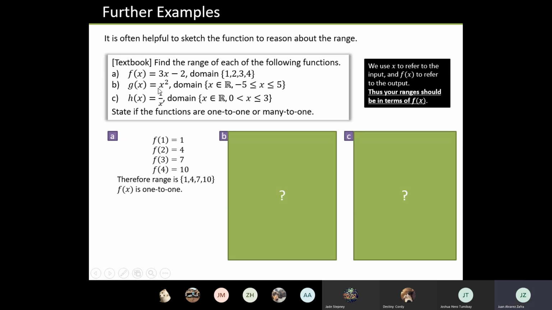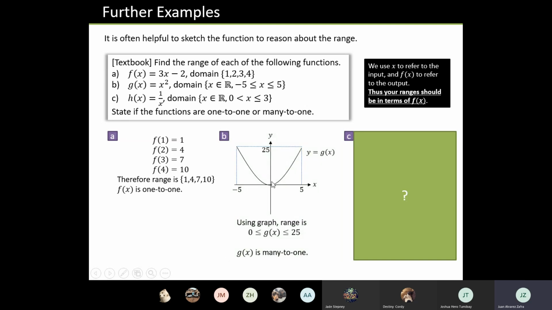Now if you look at g of x equals x squared, and we're allowing values from -5 to 5, then if we sketch that, you get this curve here. Notice that this is not one-to-one, this is many-to-one. For example, 2 and -2 both go to 4. And what's the range?